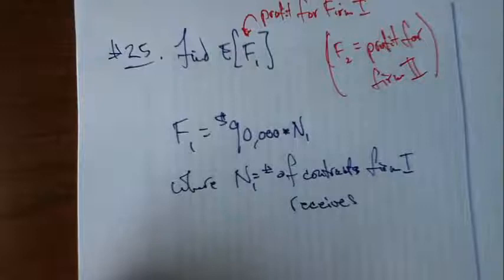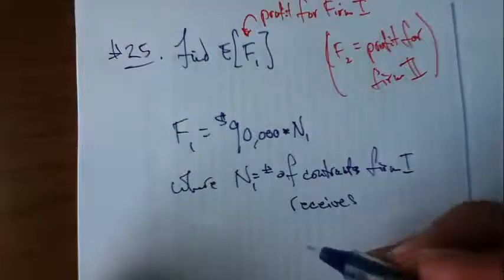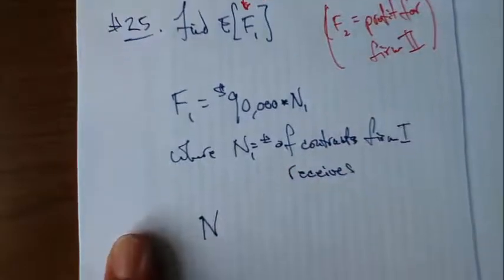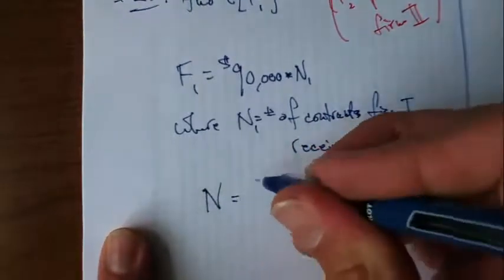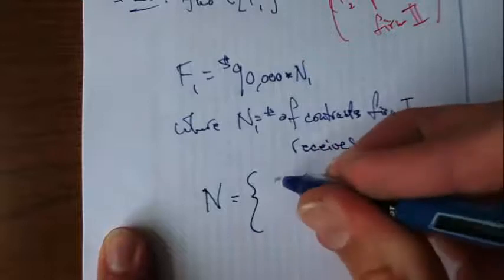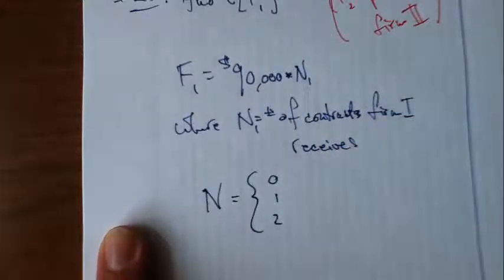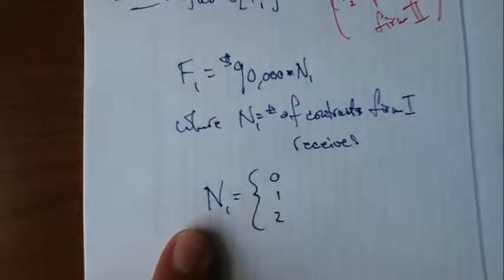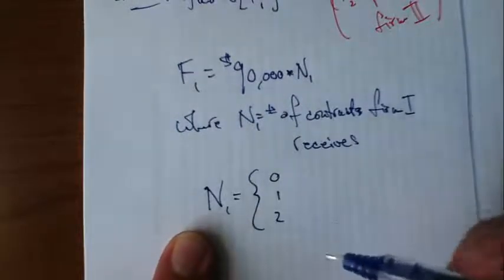Can I write down the distribution of n? Sure. n1, the number of contracts the first firm gets, could be 0, 1, or 2. It will be 0 with some probability.